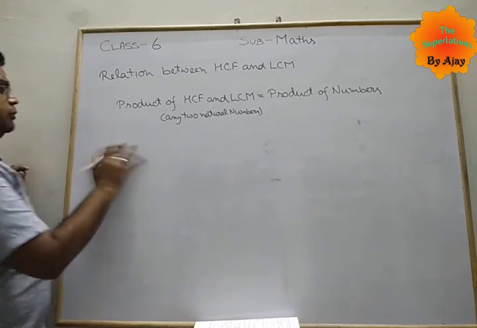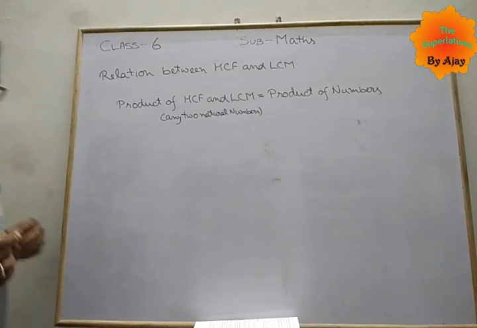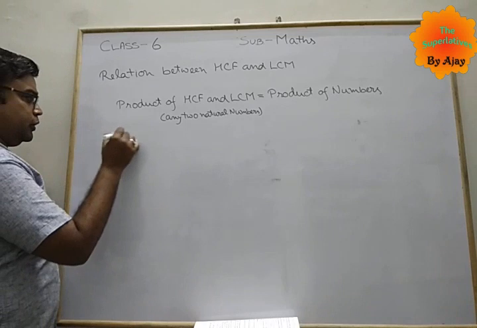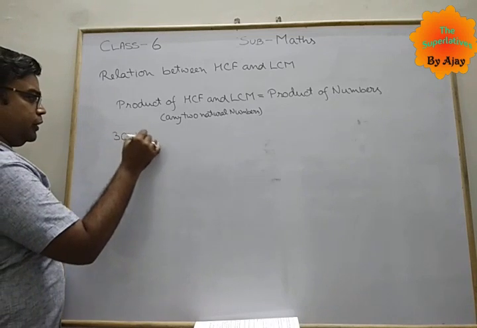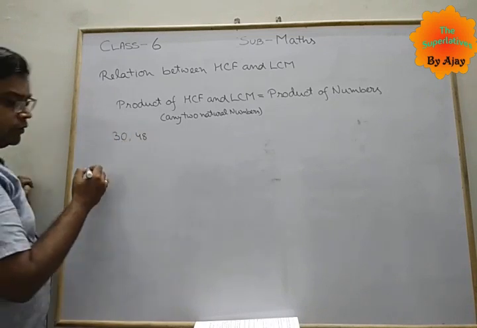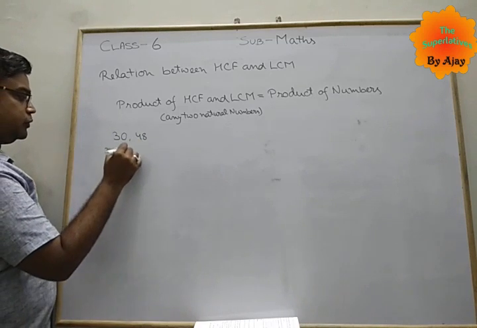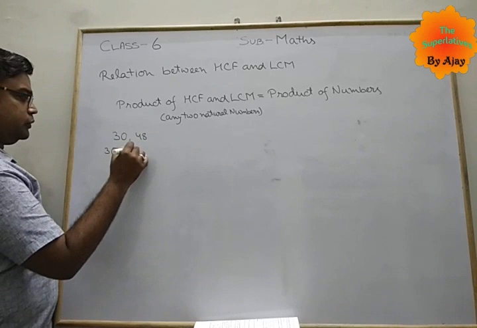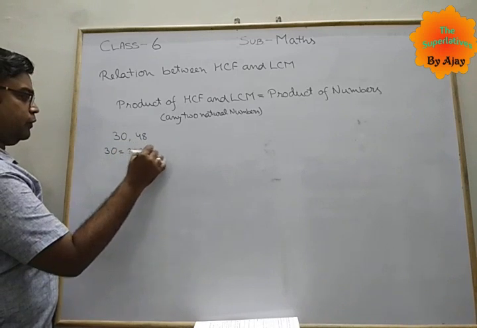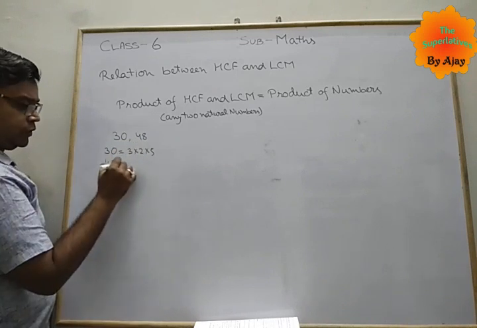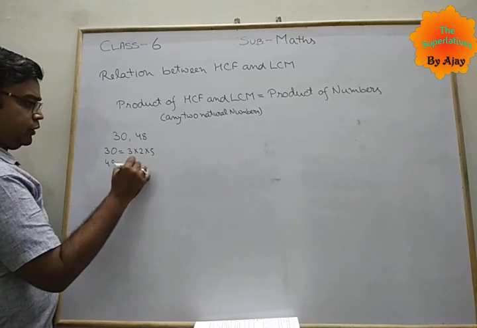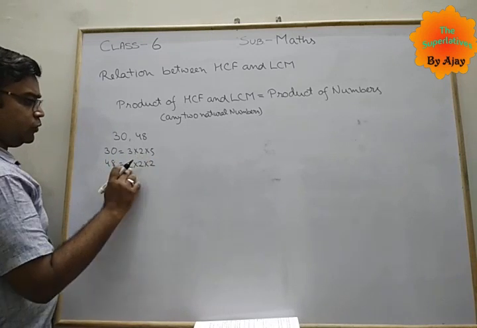Now, if we try to find the HCF, 30 equals 3 into 2 into 5, and 48 equals 2 into 2 into 2 into 2 into 3. So HCF equals only 2 and 3, that is 6.